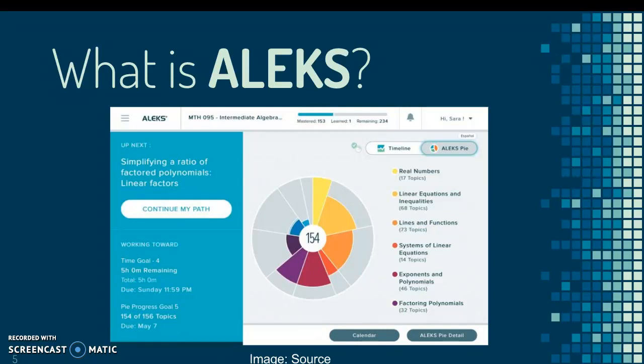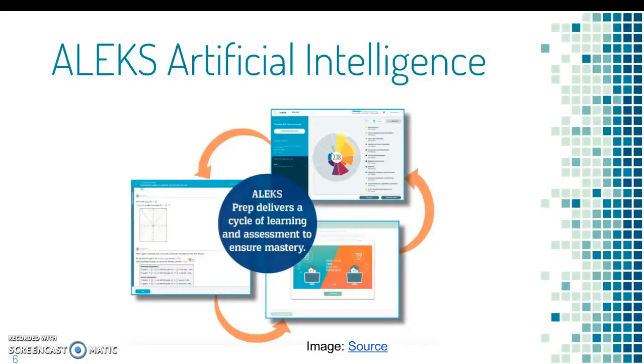It includes all of the basics that I talked about earlier for adaptive technology in general. The one thing that makes ALEKS a standout is its advanced artificial intelligence system, which is able to pinpoint and diagnose exactly what students know and what they do not know.